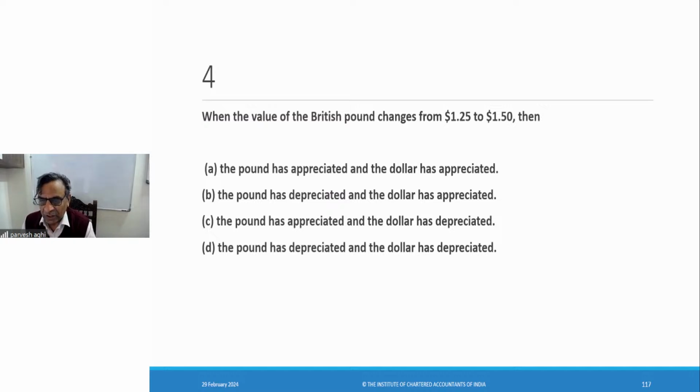Tell me which one is the right one. So the answer is C. Absolutely right. C is the right answer.